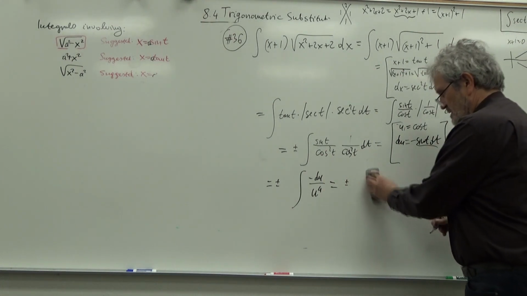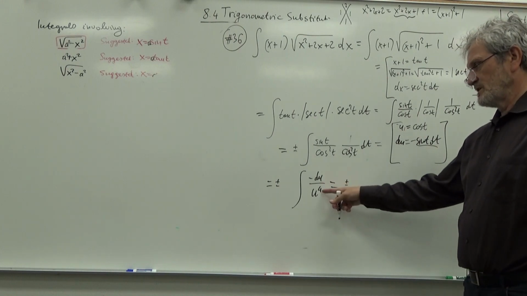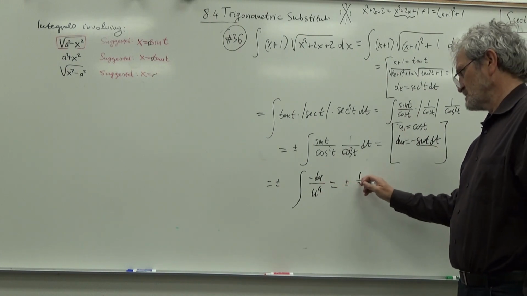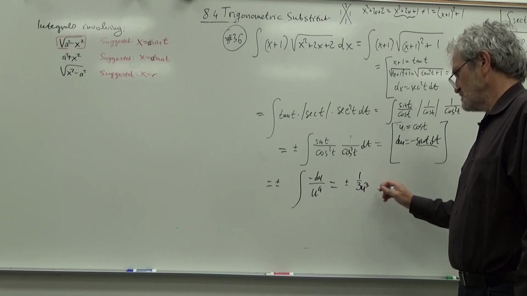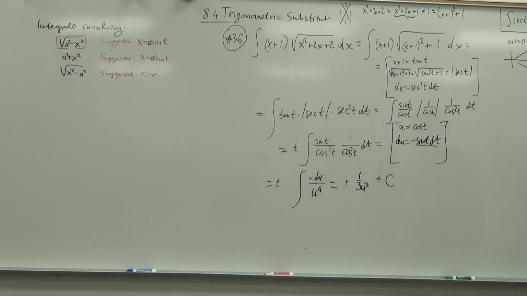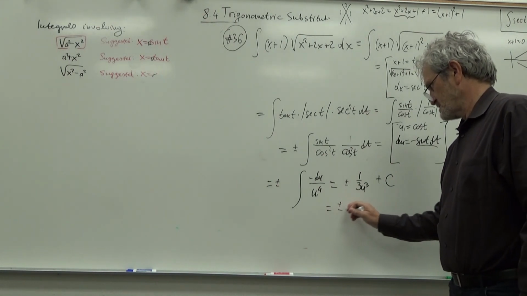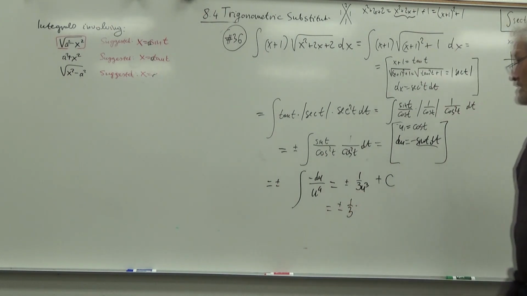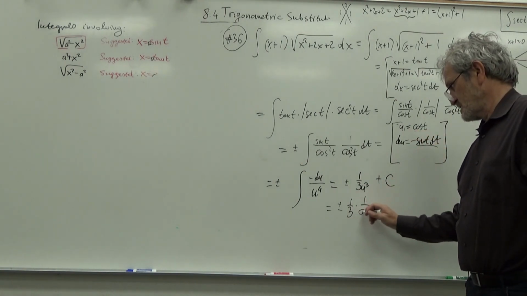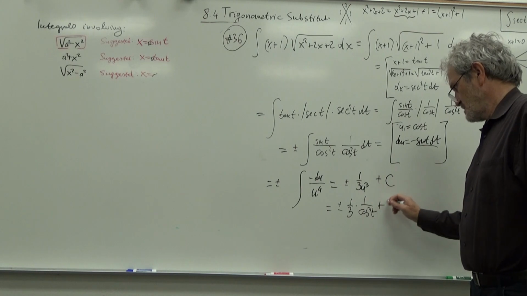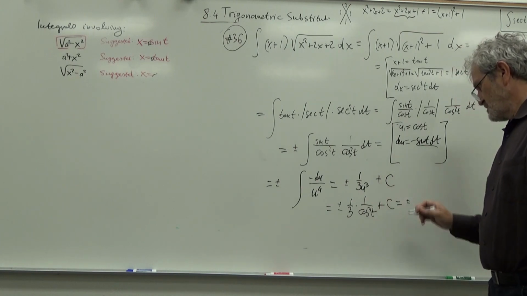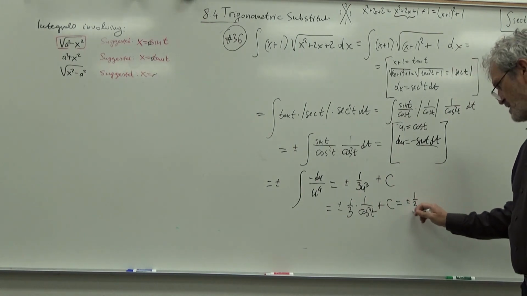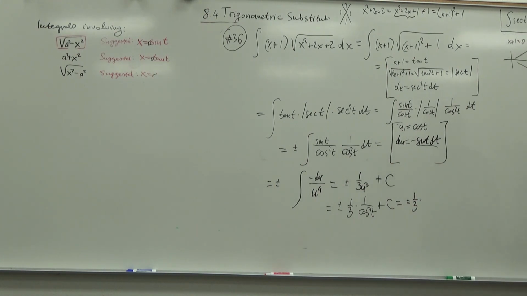Now we can write this plus or minus integral. What would that be? It would be u to the negative 3 over negative 3, so it will give us plus or minus 1/3 times, what does u stand for? Cosine, so 1 over cosine cubed t plus c, which is plus or minus 1/3 times 1 over cosine, that is secant cubed t.